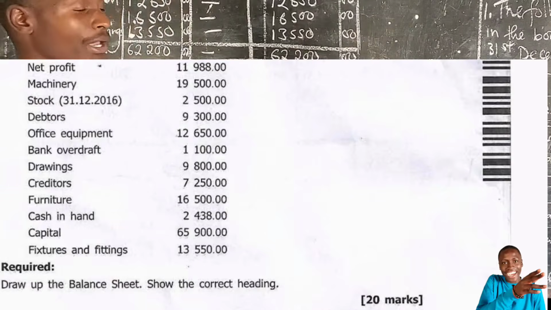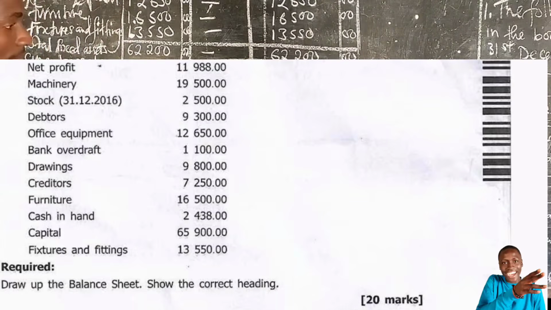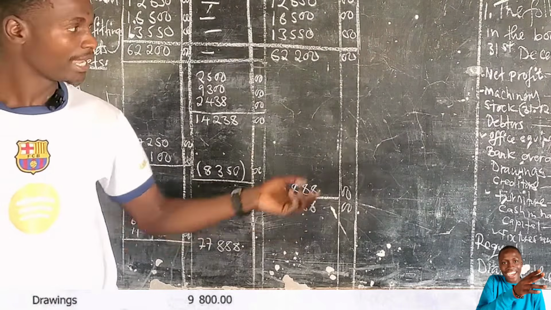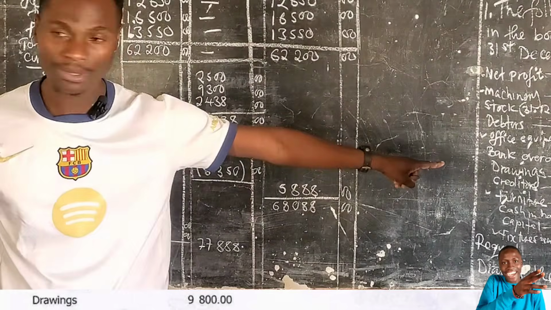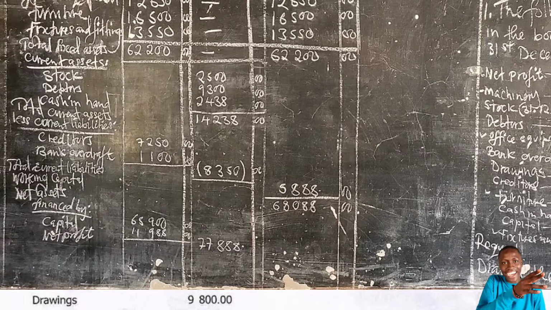Mortgage, loan. We don't have any. If you don't have, we just go there to the drawings. If we have drawings, we need to subtract drawings. If we check nicely here, we have drawings as 9,800. So we're going to subtract drawings.